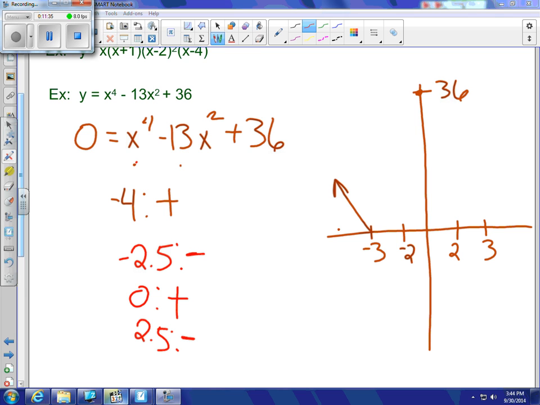So when you're plotting this, at -2.5 it's going to go downwards, positive, upwards, negative again, downwards. All right?